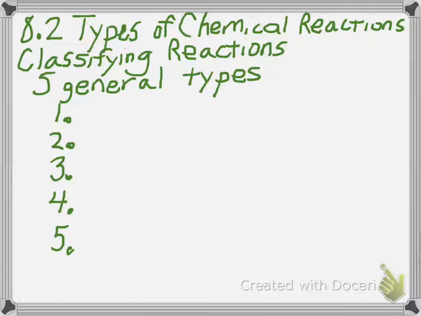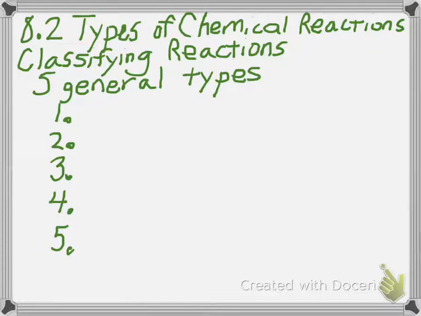So, on our outline, we're starting with 8.2, types of chemical reactions, classifying reactions, the 5 general types of reactions. If you take a look at your outline, you should be able to see those 5 general types already listed.